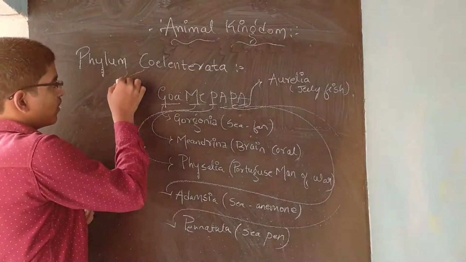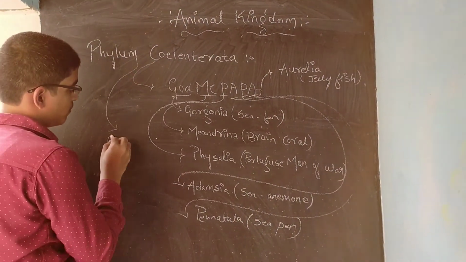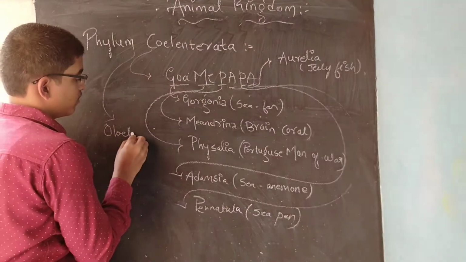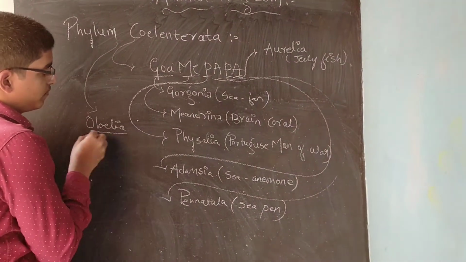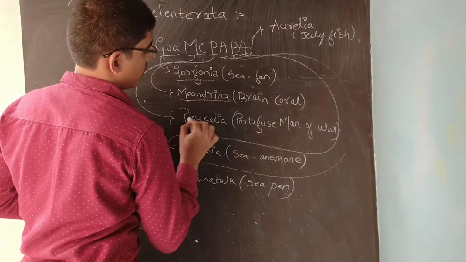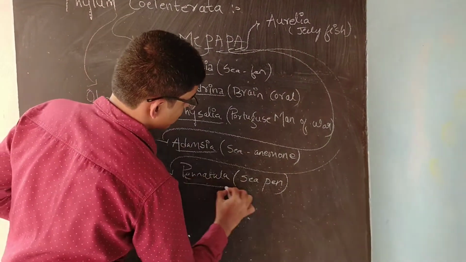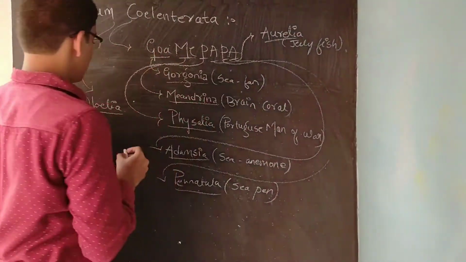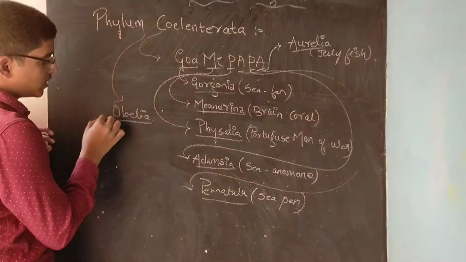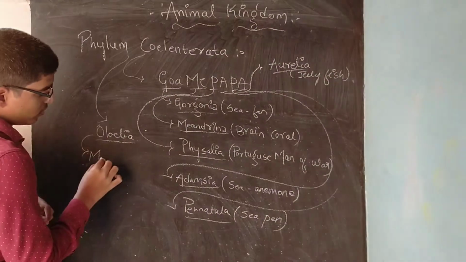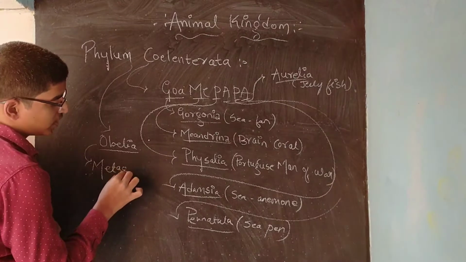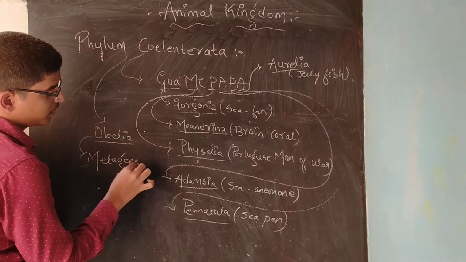In this Coelenterata, one unique example you have to remember, which is Obelia. Does everyone know what is Obelia? This Obelia exhibits metagenesis property.